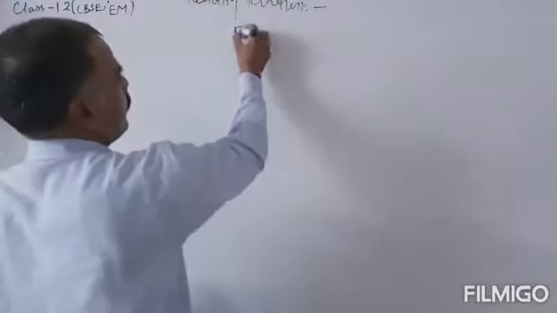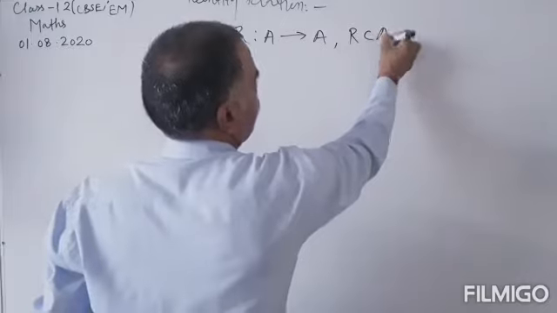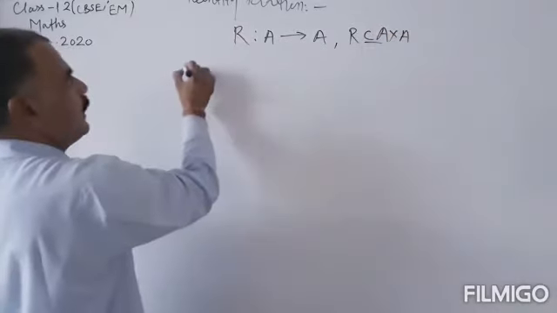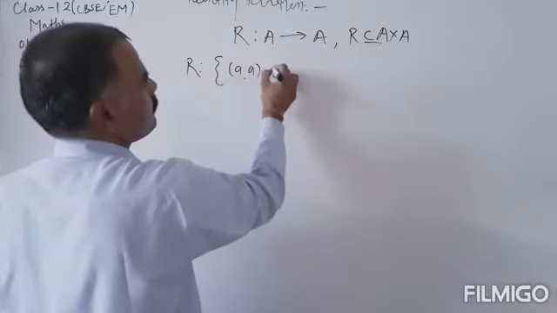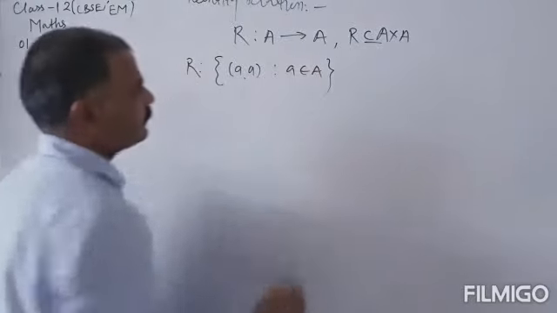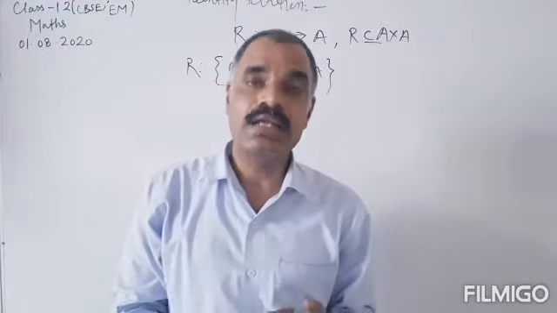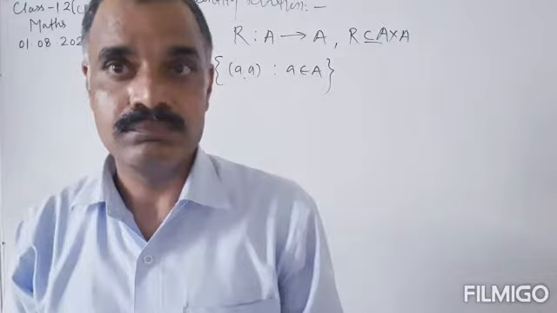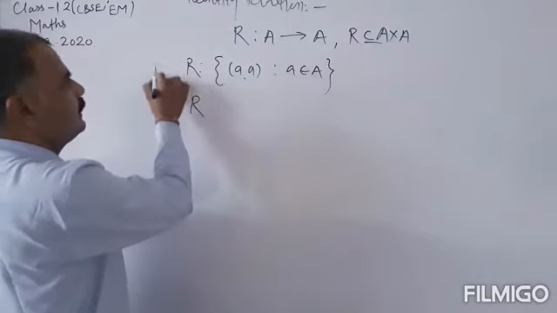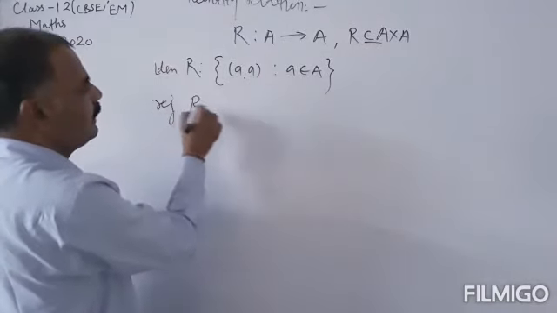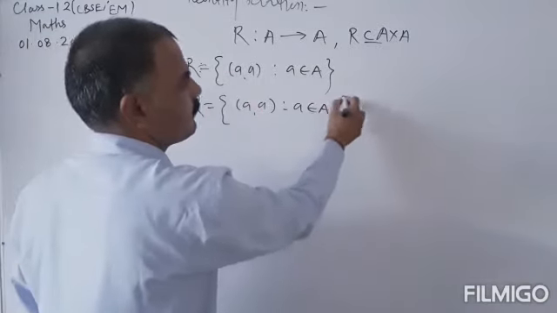If R is defined from set A to set A, then R is a subset of A into A. But if a relation contains only the elements (a, a) such that a belongs to A, then it is said to be identity relation. Similarly, I have defined the reflexive relation, that is (a, a) such that a belongs to A.